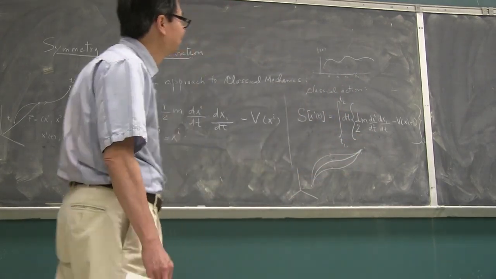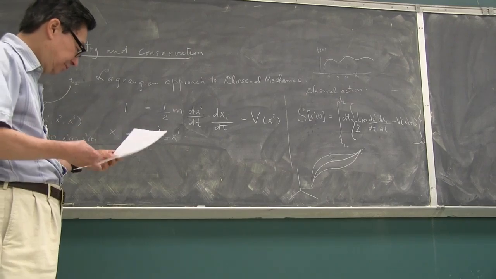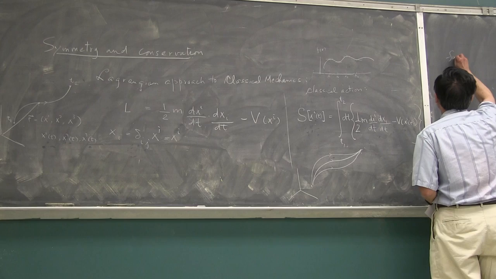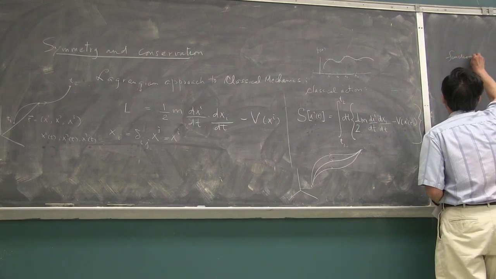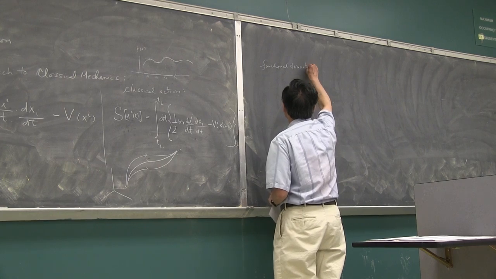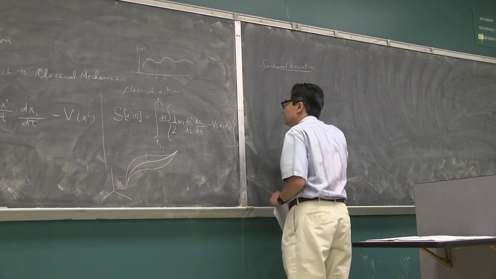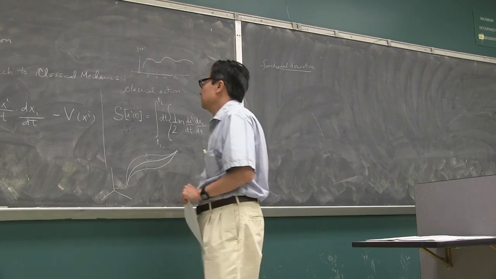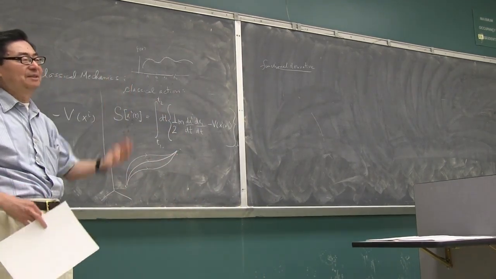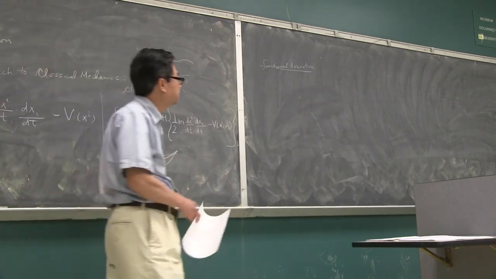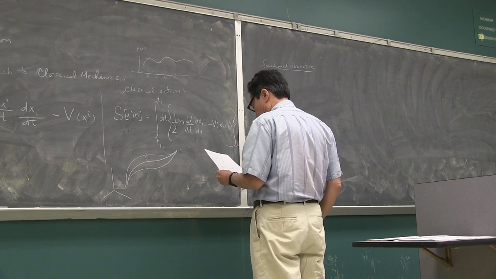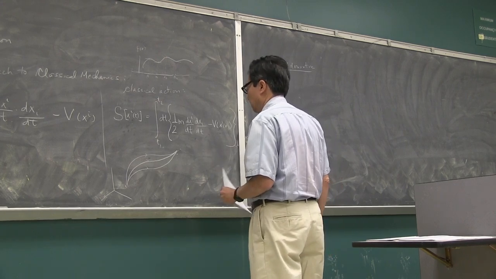Okay? So first of all, let me define for you the notion of a functional derivative as opposed to an ordinary derivative. This is a function of functions, so that's why I need to define a functional derivative, okay? Now, what do I want to do? The question I want to answer is the following.